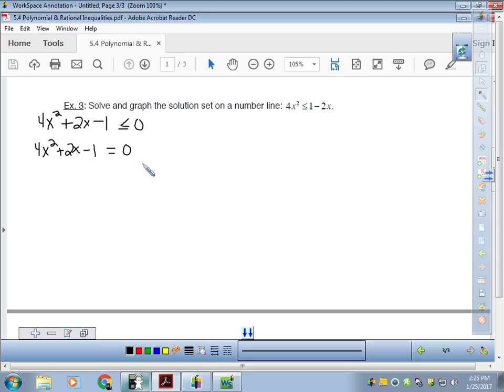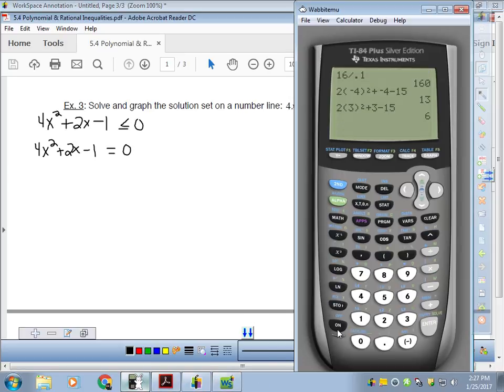Now that we're here, we can solve that equation either by factoring or the quadratic formula. Try to see if this one factors really quick. I don't know if it does. I don't think it does. Let's do the quadratic formula really fast.